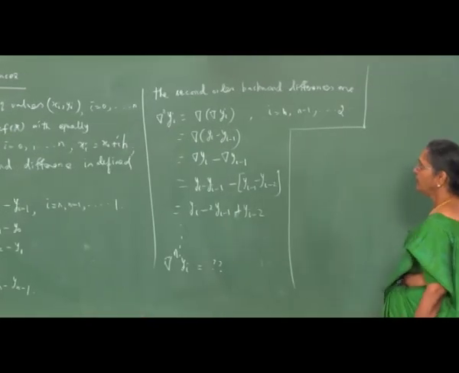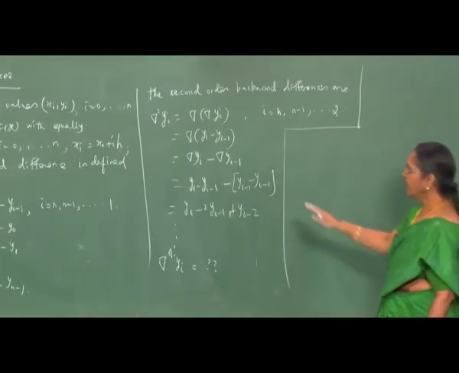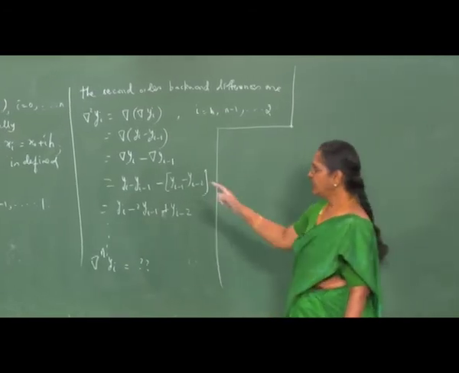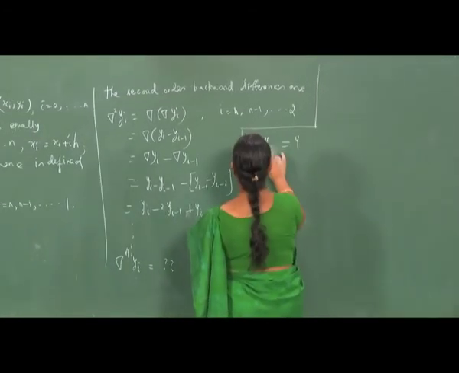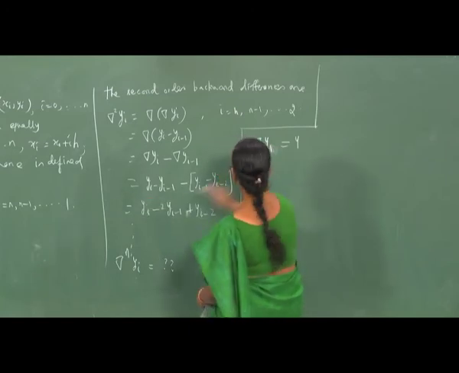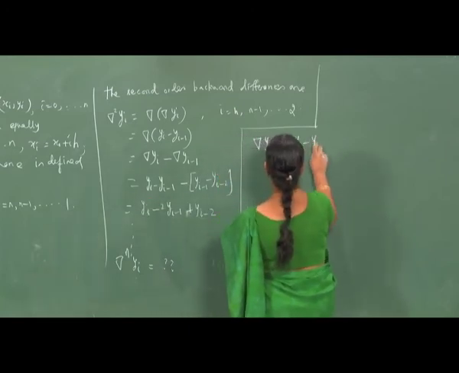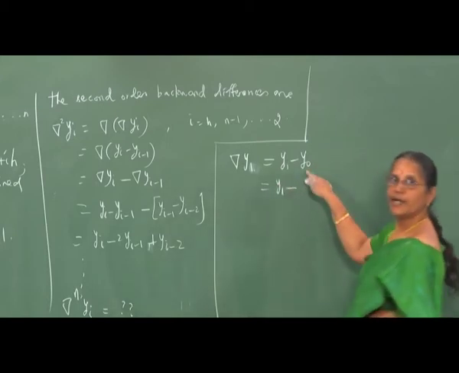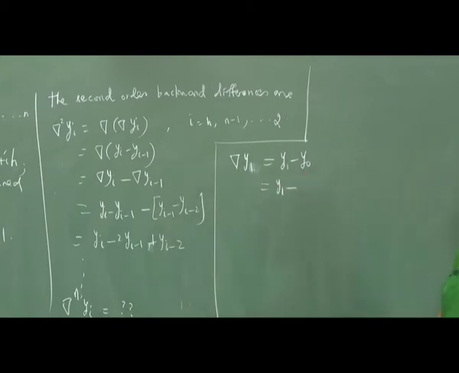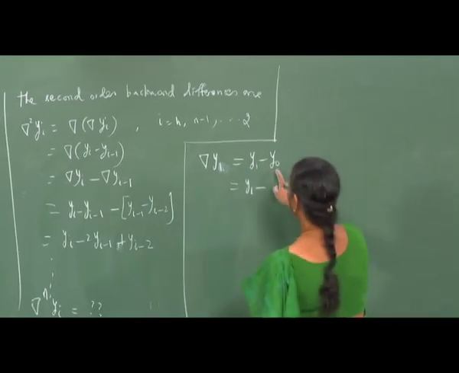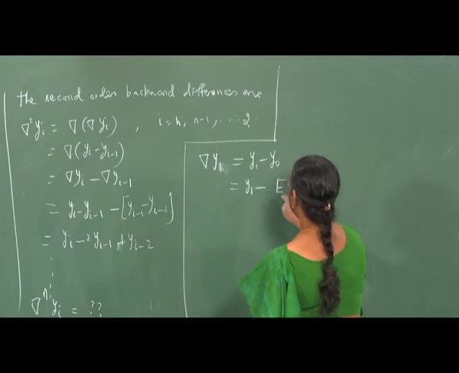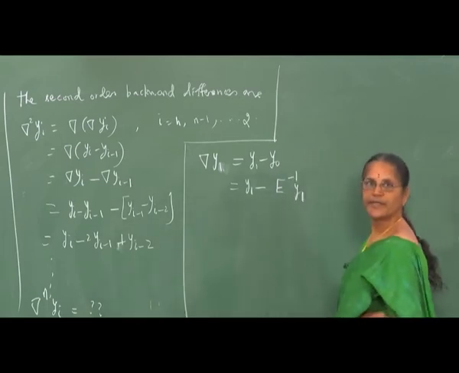We would like to see whether there is any connection between this backward difference operator and the shift operator. Delta on y1, that is y1 minus y0, right, y0 in terms of the shift operator. So, what is y0? I can obtain y0 when e to the minus 1 operates on y1.